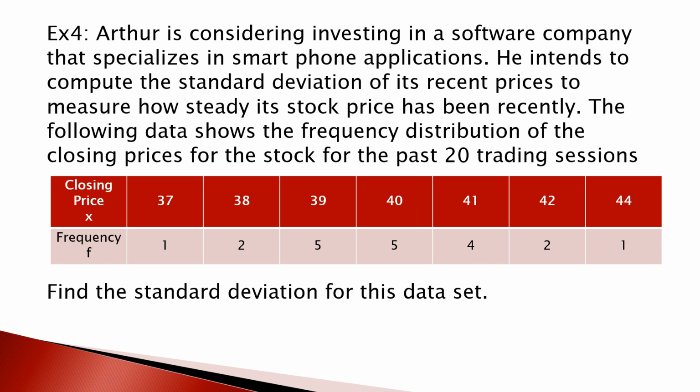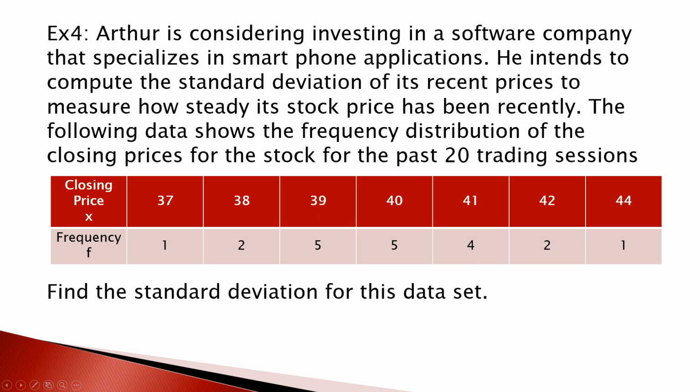So here's the example. So assume that we are considering investing in a software company, and then we are looking at the closing prices in the stock market for the past 20 trading sessions. Okay, so we look at the closing prices to see how stable it is. Now here's the closing prices.